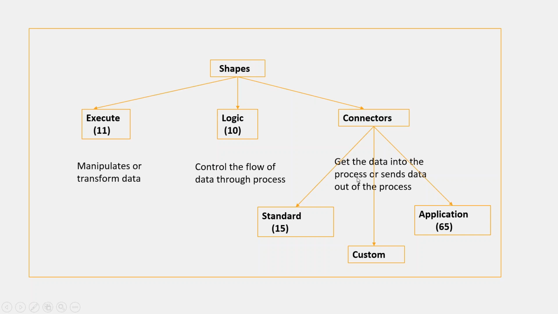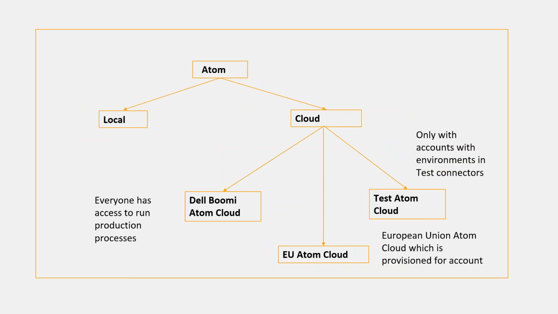Connectors are used to get data in and out of the Boomi process. With custom connectors, you can create connectors on your own using the connector SDK and make them available to your account. If you want, you can reach out to the Boomi support team so they can be made available across all accounts.